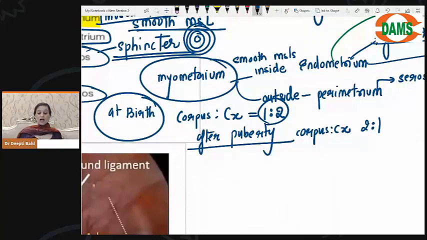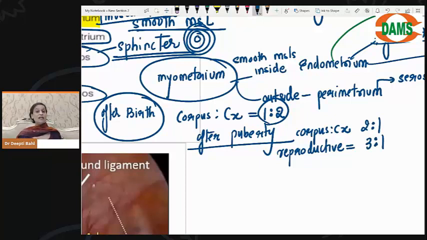After puberty, it is 2:1, right? And throughout the reproductive years, this ratio remains as 3:1. So that's why I initially said that corpus is the main part, because we are talking about the reproductive phase of the female, right? So the ratios keep changing depending on the hormonal effects.